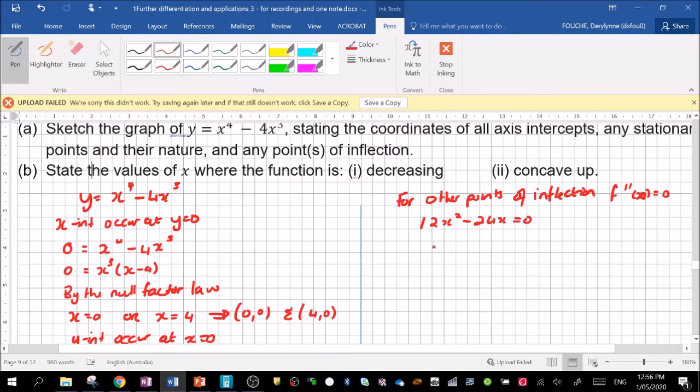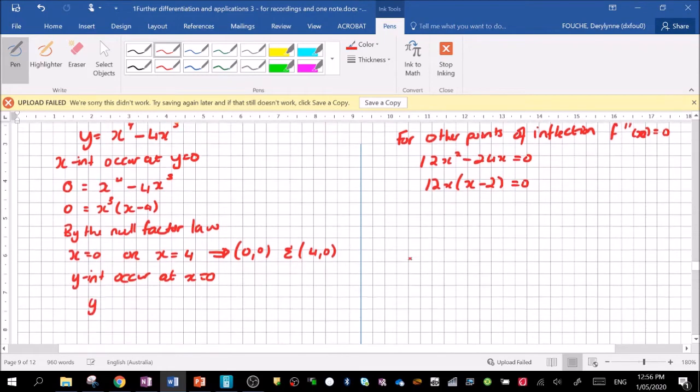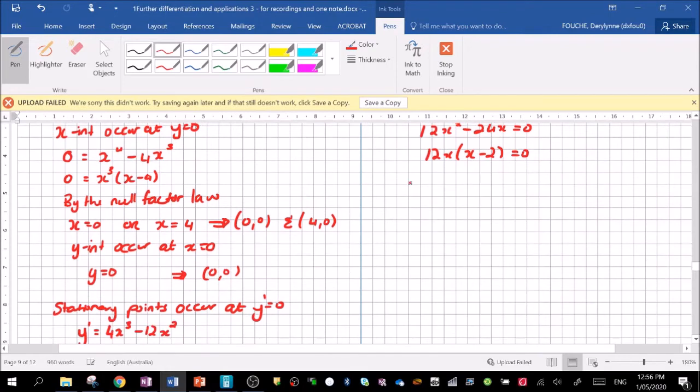So that means that 12x, and I can factorize it. So using my null factor law, I get that x is equal to 0 or x equals 2.